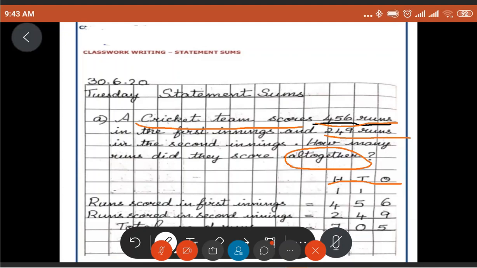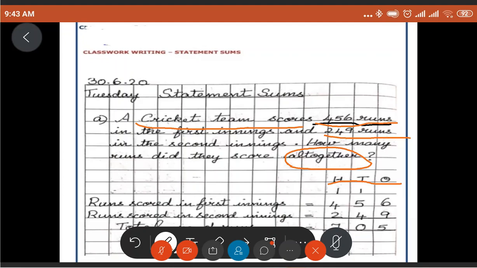Then you proceed, otherwise you will write out your sentence and there will be no place at the end. So first write HTO, the place values, then leave one line for the carry forward. Then you can write from your left-hand side.